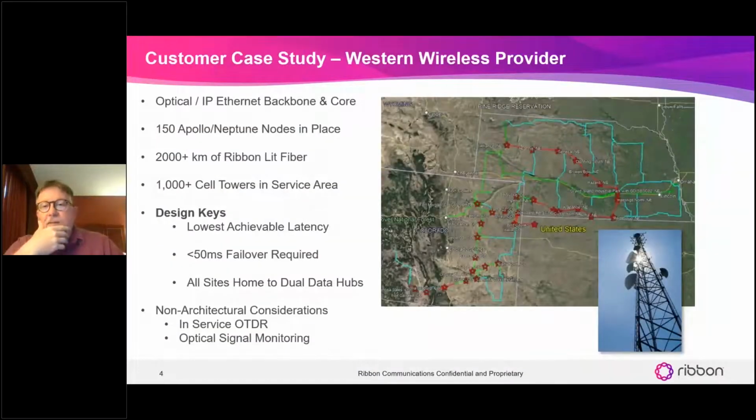So here's an example of a customer, just to set the stage for you. This customer is likely bigger than many of your networks, but then some of you may have networks even bigger than this.